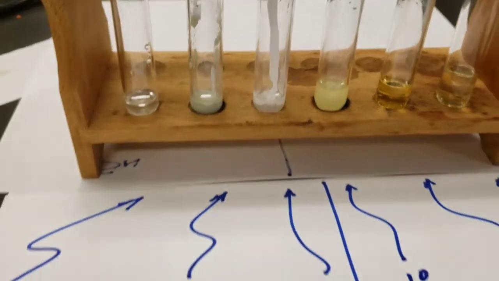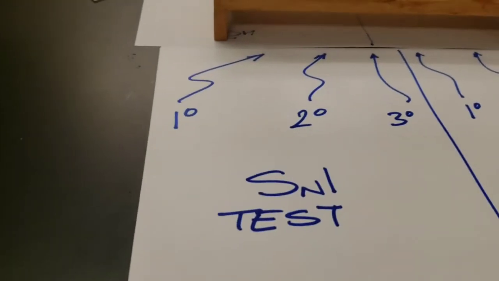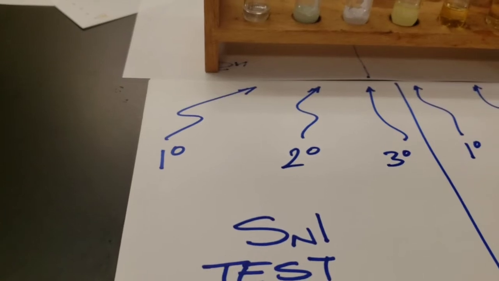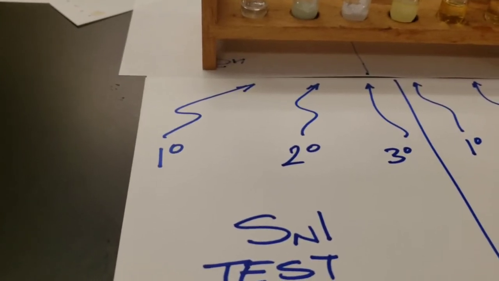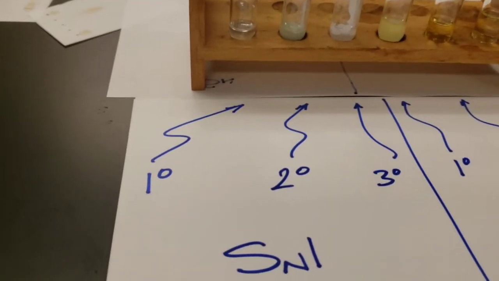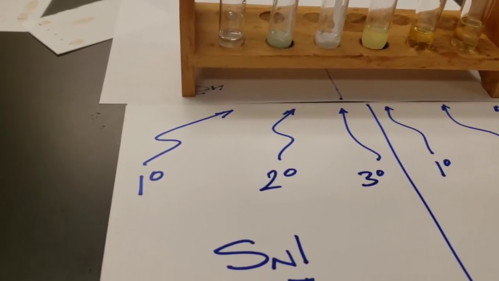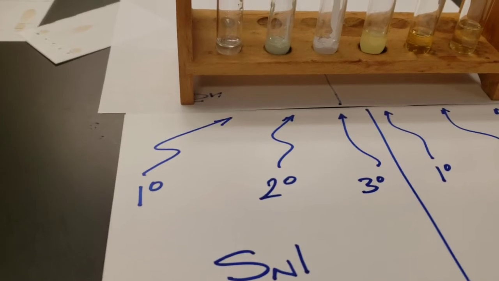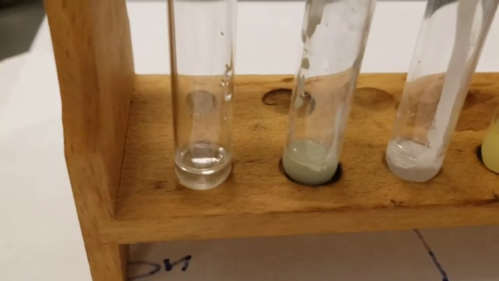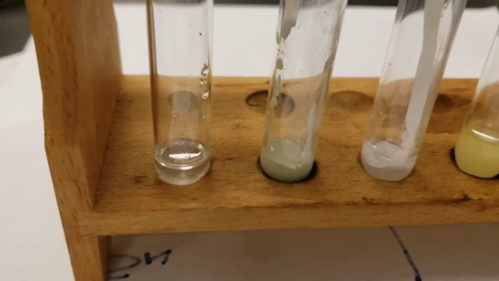So at the end of the experiment, in the test for SN1, primaries did not change color. Secondaries and tertiaries did produce precipitate. Because our secondary was a bromoalkane and our tertiary was a chloroalkane, the colors of their precipitates are different.